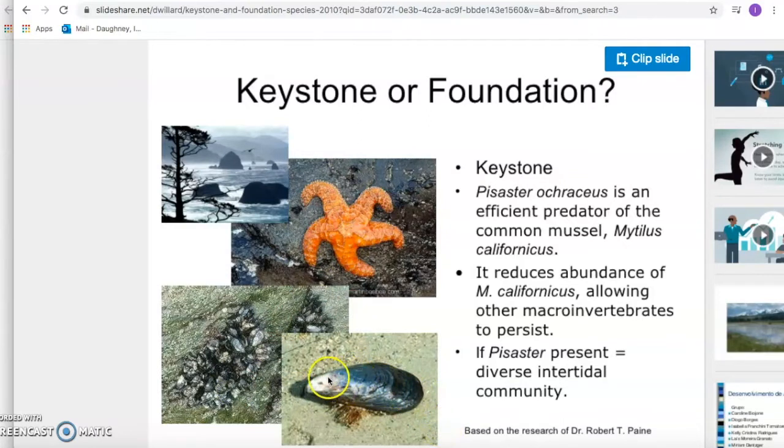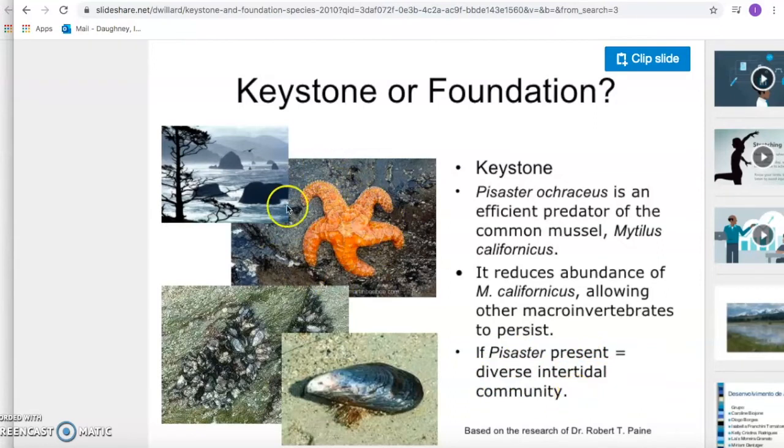Okay, it keeps it down to a certain population so that the mussel can't take over the whole intertidal zone. And that way, other species can come along and live there as well. So the starfish being present means that there's going to be a diverse intertidal community.